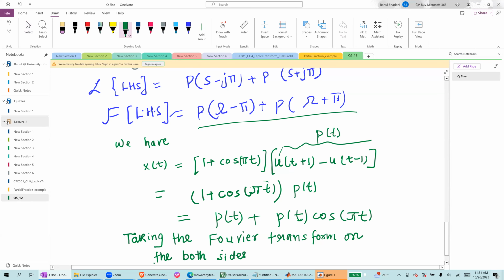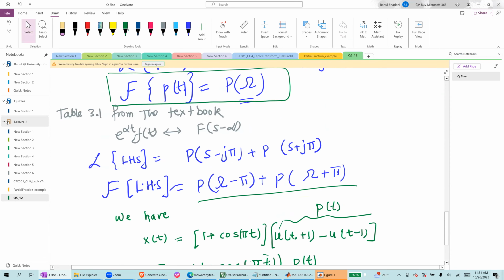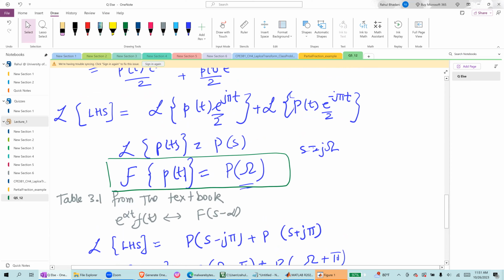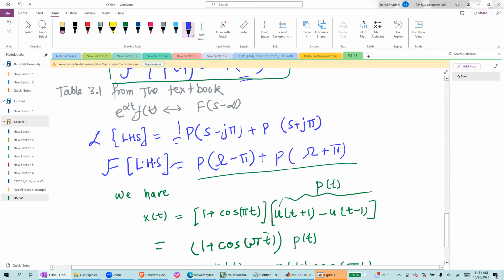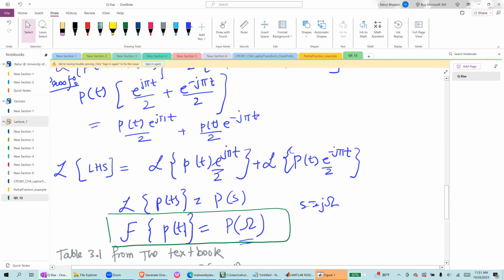This is going to be the thing. Also, I forgot to write the half. We needed to put the half because we had a half here.